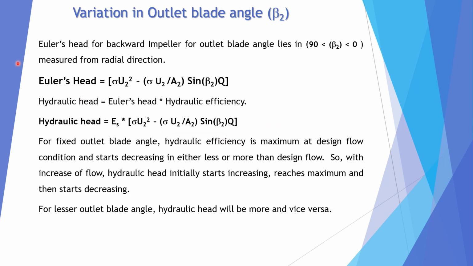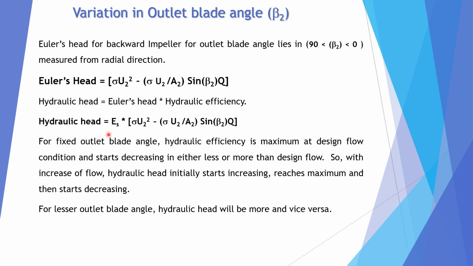Now, Euler head is as I said in the same equation. If you want to calculate the hydraulic head, we need to multiply with hydraulic efficiency. It is changing with every flow as per the hydraulic efficiency correction factor.